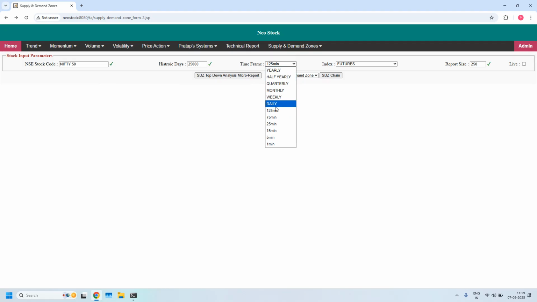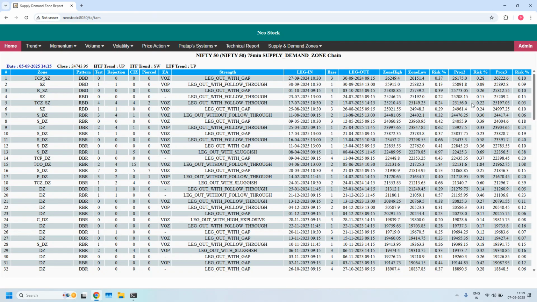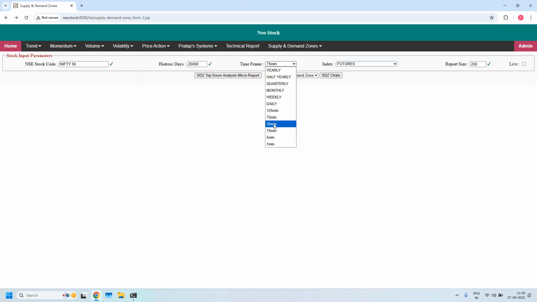Next, generating 75 minutes supply demand zone chain for NIFTY. Next, generating 25 minutes supply demand zone chain for NIFTY.